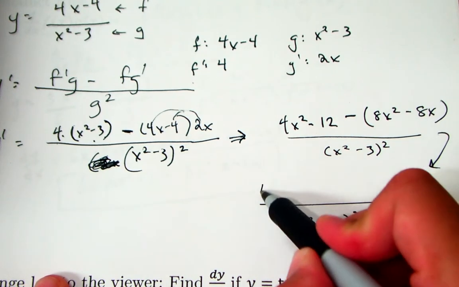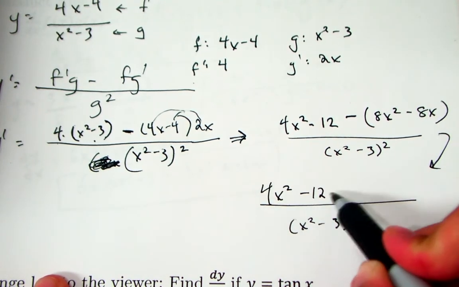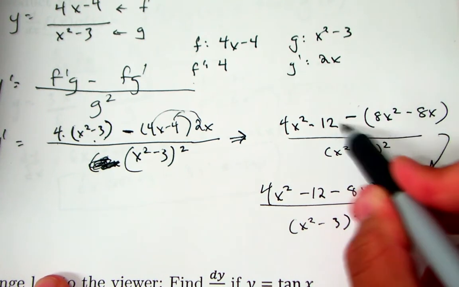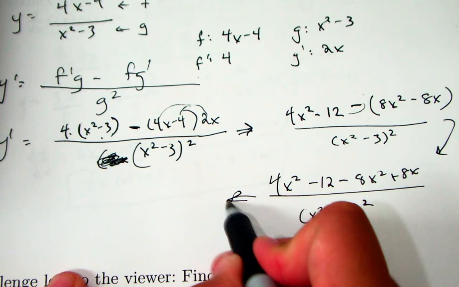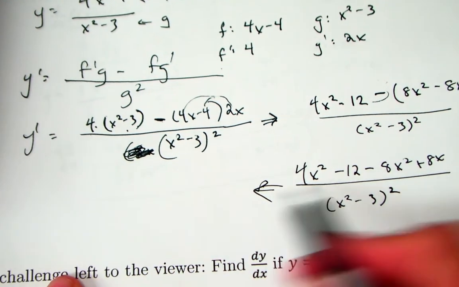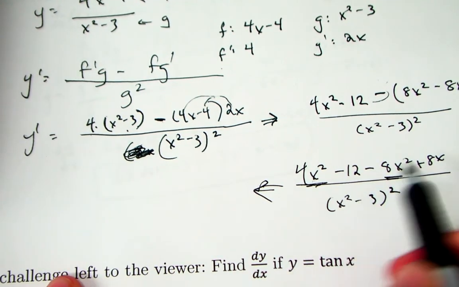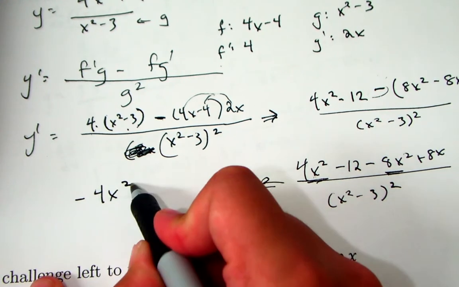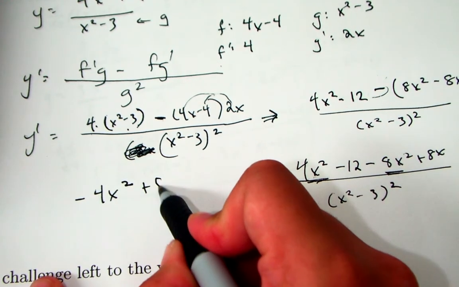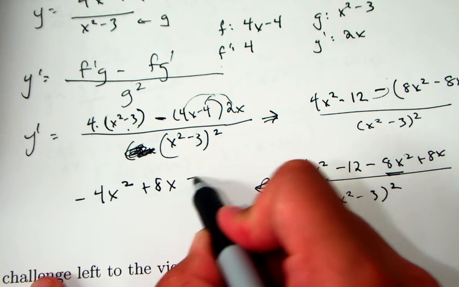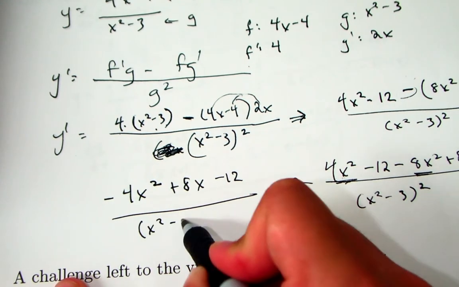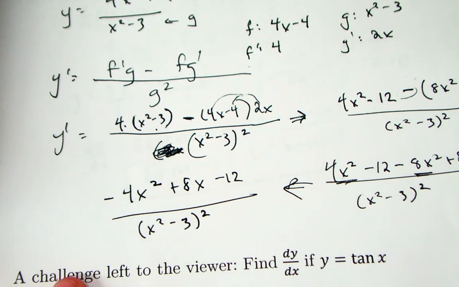And on top we now have 4x squared minus 12 minus 8x squared plus 8x, so distributing the negative to both. Simplifying finally, we have, term here, term there, so we have negative 4x squared, in descending order, plus 8x minus 12 over x squared minus 3 squared.